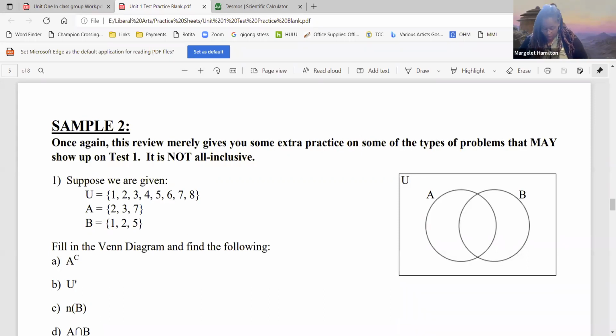The first page consists of problems number 1 through 5. Now, if Venn diagrams are your weakest spot, that's what we're going to work on: setting it up and then answering the questions. On the test, you really are only going to be asked to set up probably 1 or 2 Venn diagrams, period. Everything else is already going to be set up for you. They're just going to be asking you questions about it. Is everybody clear with that?